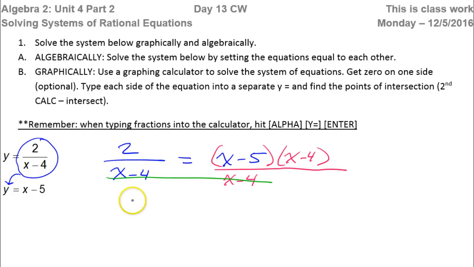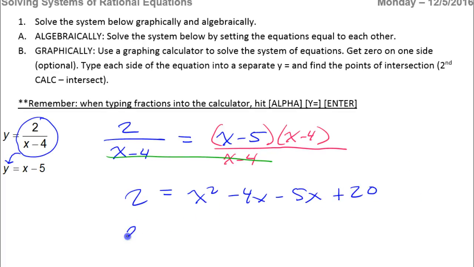So what you have now is 2 equals whatever this is. So I'm going to go ahead and double distribute and multiply this out. So x times x is x squared. X times -4, that's -4x. -5 times x is -5x. And -5 times -4 is +20.